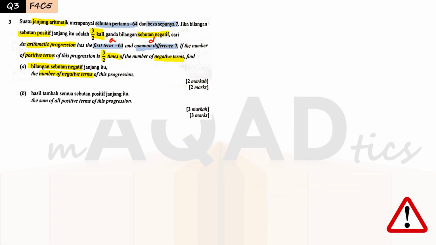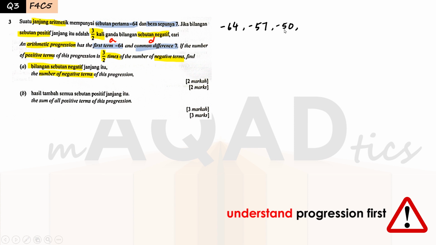Before we answer this question, let's understand the progression a bit. We know that it starts from -64. Then if we want to find the next number, we need to keep on adding 7. For example, -57. Then add a 7 to get -50, and so on.